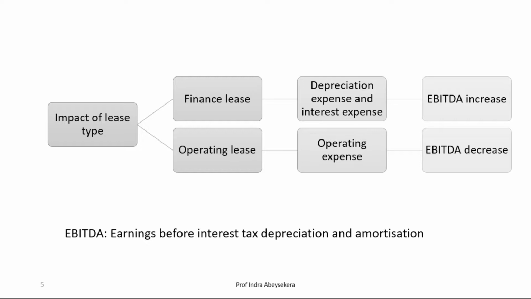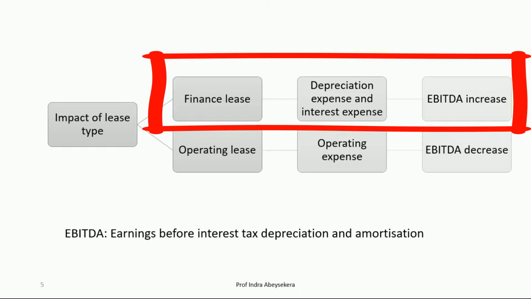So what's the impact of choosing an operating lease versus a finance lease? In a finance lease arrangement, the lessee will have depreciation expense because the lessee will acquire the right to use the asset and can depreciate the asset, and there will also be interest expense because there's a lease liability that the lessee will incur.